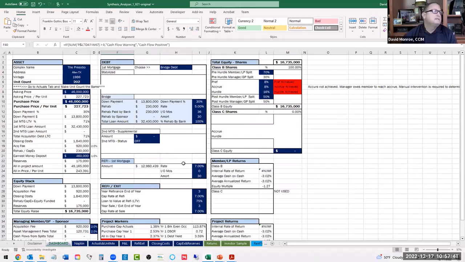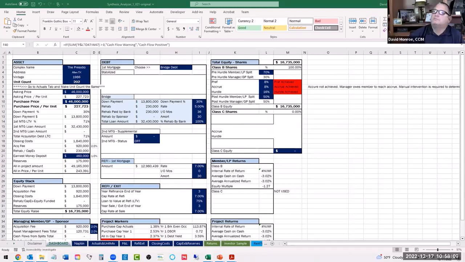Okay. So let me show you what the T12 looks like. We can at least do that. I've got to go find it. There's the T12 to this. Yes, correct.